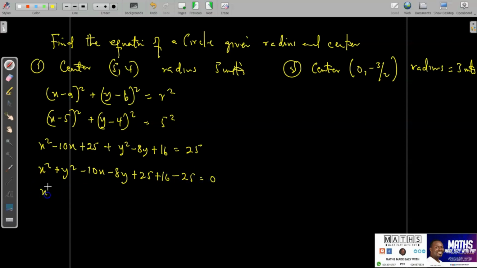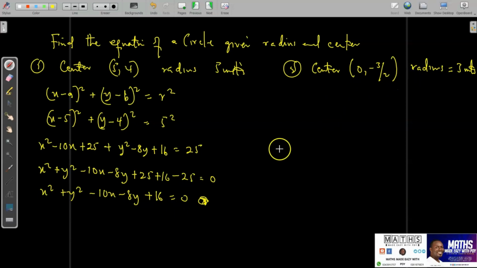So finally we have x squared plus y squared minus 10x minus 8y. This and that would leave us with plus 16 equal to 0. So with the center as 5, 4 and radius 5, the equation of the circle is what I have here. Are we all okay? Yes, please. Yes, sir.